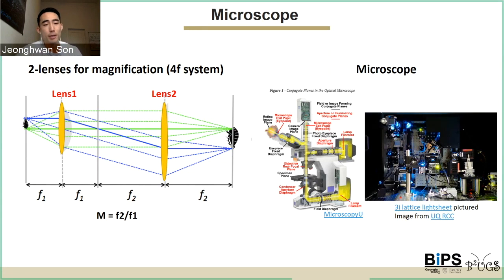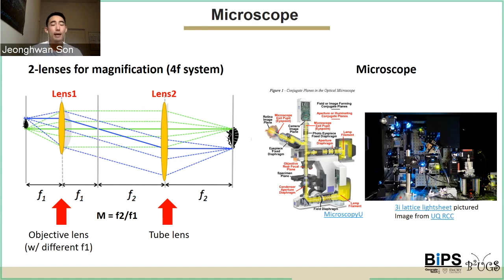Basically, microscopies also follow the same rule, even with the complicated recent microscopy as well. For microscopies, lens 1 will be the objective lens with diverse focal lengths upon your choice, and lens 2 is the tube lens that is located inside the commercialized microscopy system.